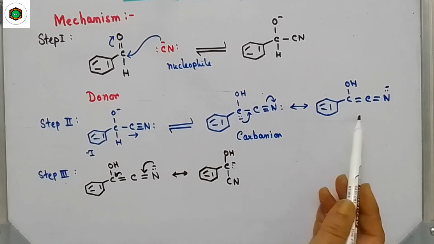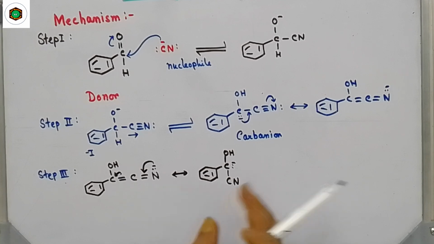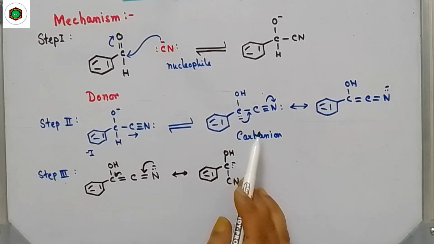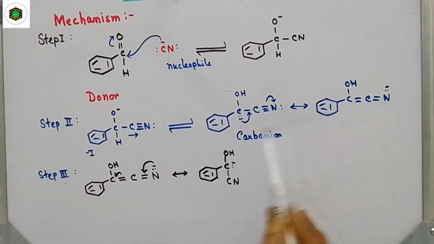From here you have to show once again this resonating structure for the next step, because next step we need this nucleophile, and you know between C minus and N minus, C minus is more nucleophilic. So it will be converted to this resonating structure once again for attack as nucleophile.